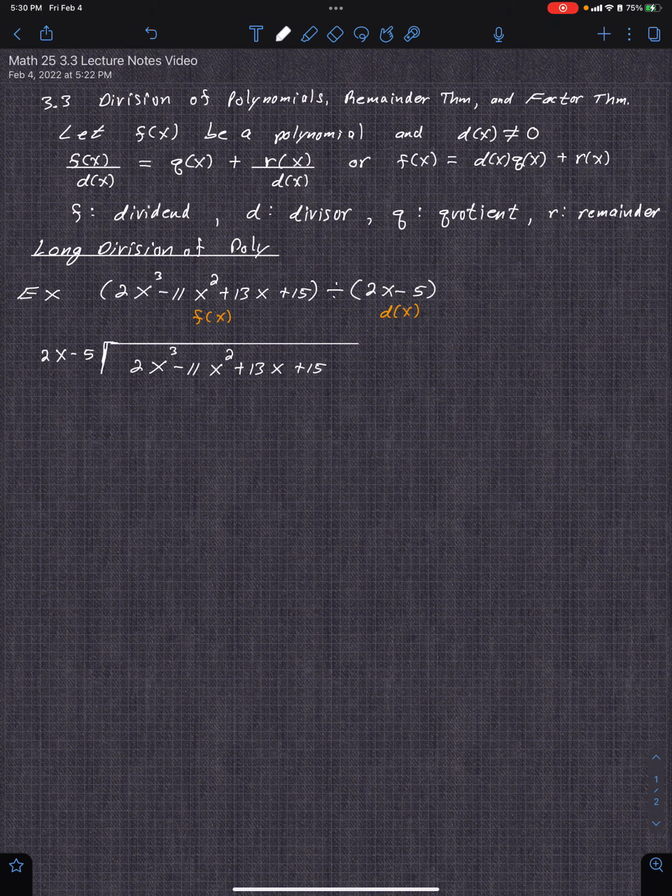Okay. And then for long division, many of you will remember how to do this. This is algebra stuff. We say what times 2x is 2x cubed. So you already have the 2 there, so it's just a 1. And then x times what is x cubed? Well, that has to be x squared. And then you multiply x squared times each of those and put them under here.